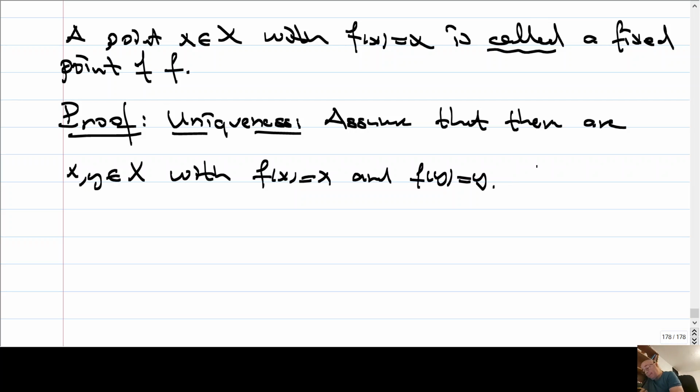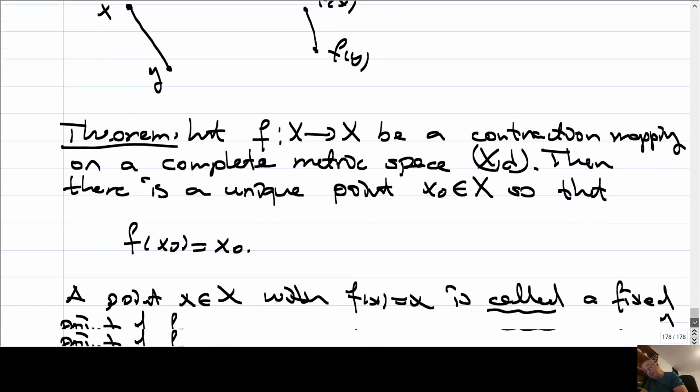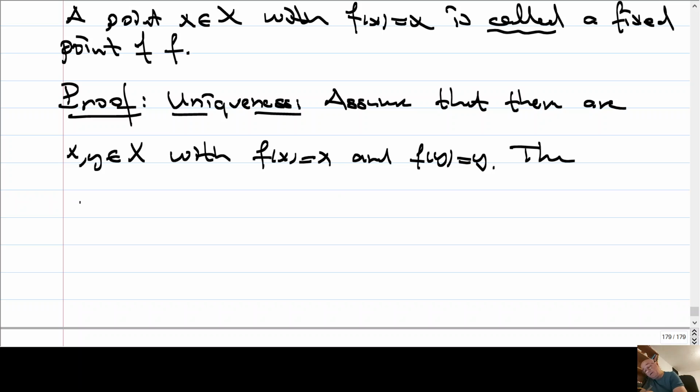Well, then by the definition of contraction mapping, f is a contraction mapping, then the distance between x and y is the same as the distance between f of x and f of y, because x equals f of x and y equals f of y.